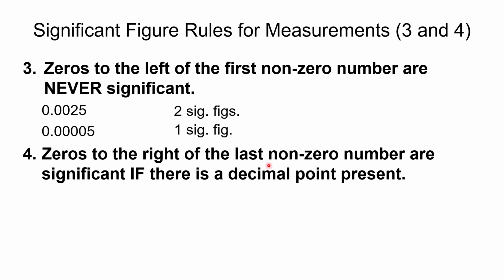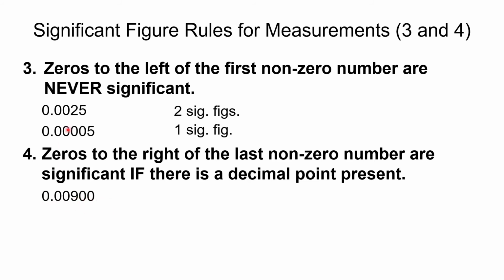All right, here the rule gets a little weirder. Zeros to the right of the last non-zero number are significant if there is a decimal point present. So 0.000900.